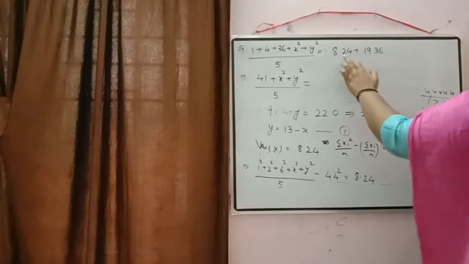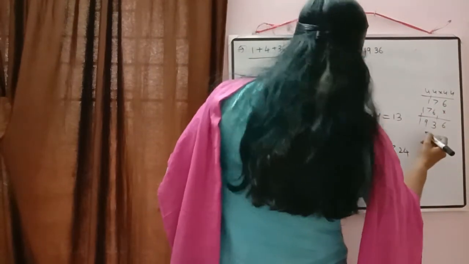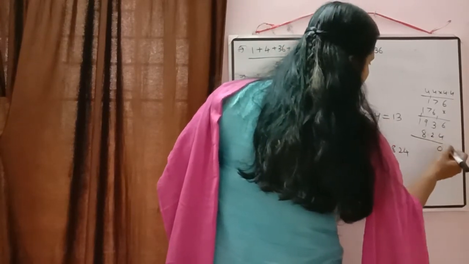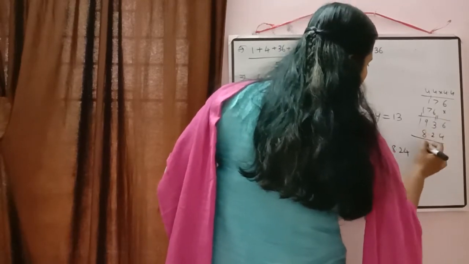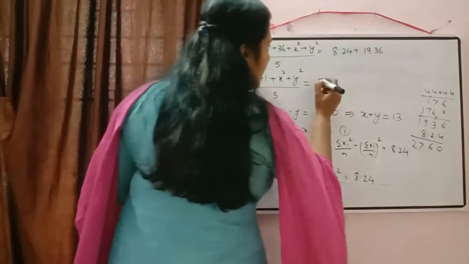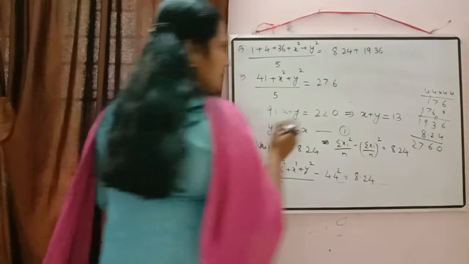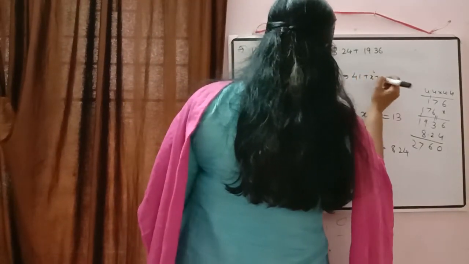So 8.24 plus 19.36, that we can do here only, 19.36 plus 8.24. 6 plus 4, 10, carry over 1. 3 plus 2, 5 plus 1, 6. 9 plus 8, 17, carry over 1. So we'll get there 27.60, or it can be written as 27.6. Now when we will shift 5 to right hand side, it will get multiplied there.